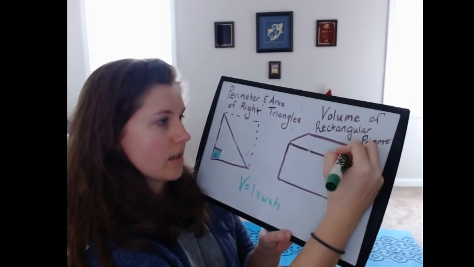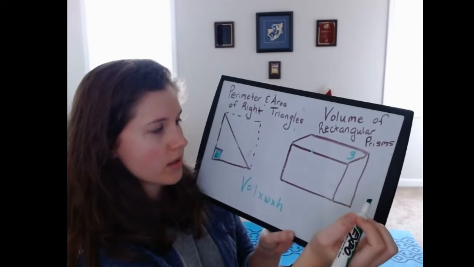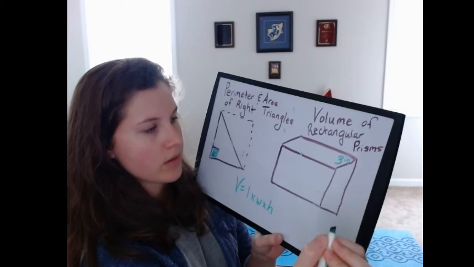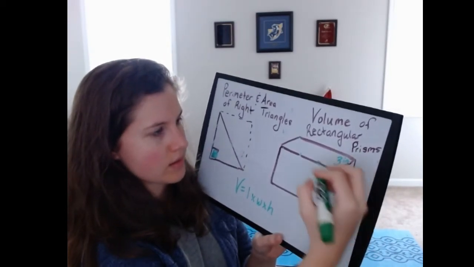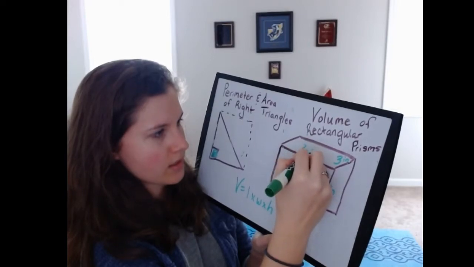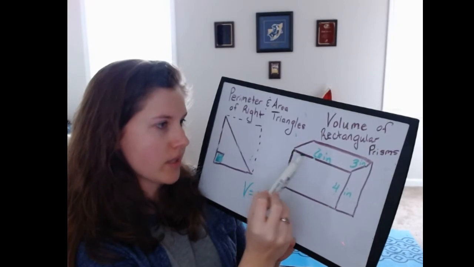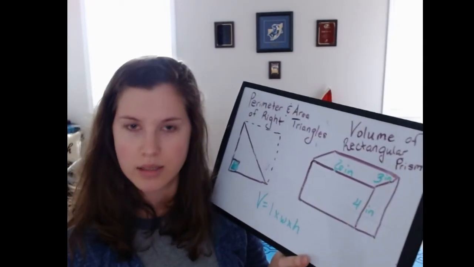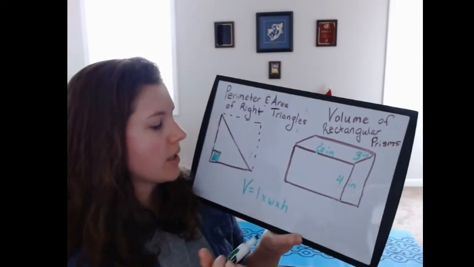So let's say inches. 3 inches by 4 inches by 6 inches. So there is my length and width and height. I keep getting pop-ups on this computer. All you gotta do is multiply them together.